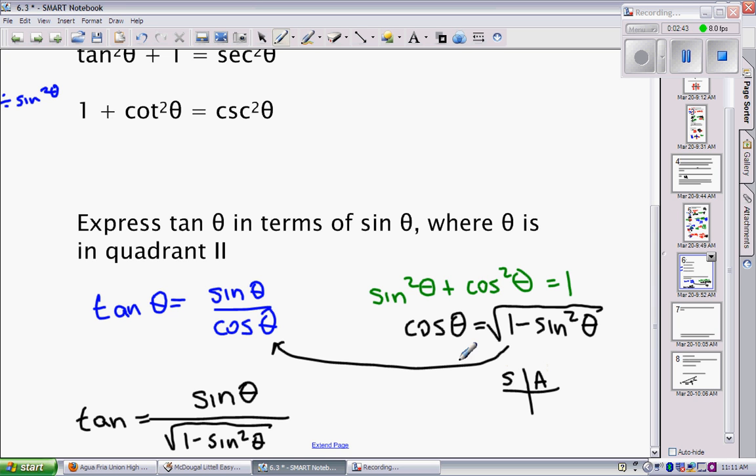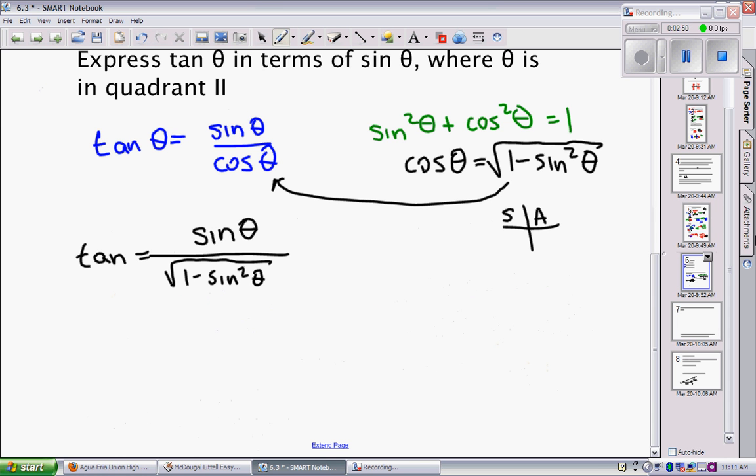We are originally taking the tangent. Tangent is not positive in quadrant 2, so we need to make it negative. We're not going to worry about rationalizing this denominator. We can leave it as is. So tangent theta equals sine theta over the negative square root of 1 minus sine squared theta.